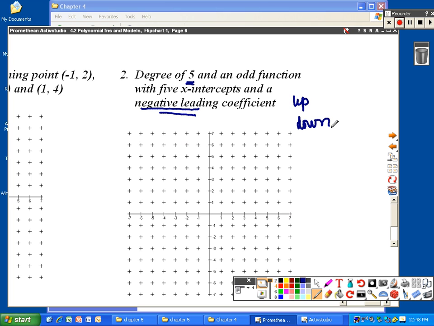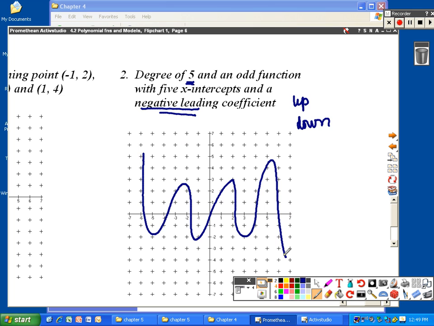So let's just cross this x-axis 5 times. 1, 2, 3, 4, 5. We got too many on there. 1, 2, 3, 4, 5.